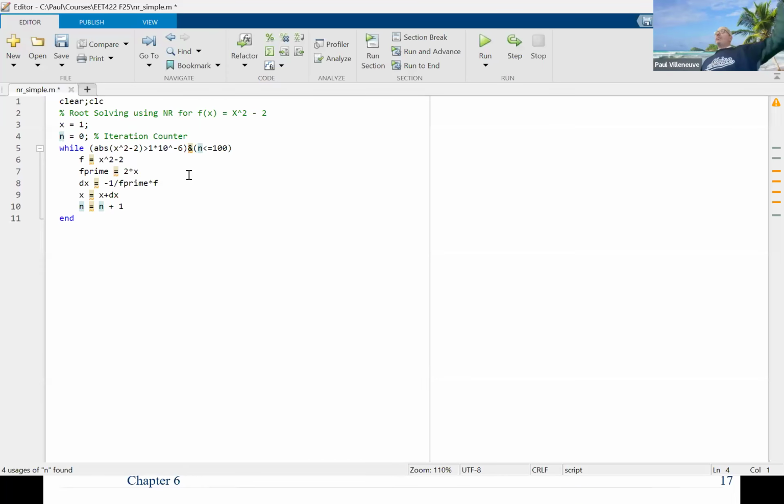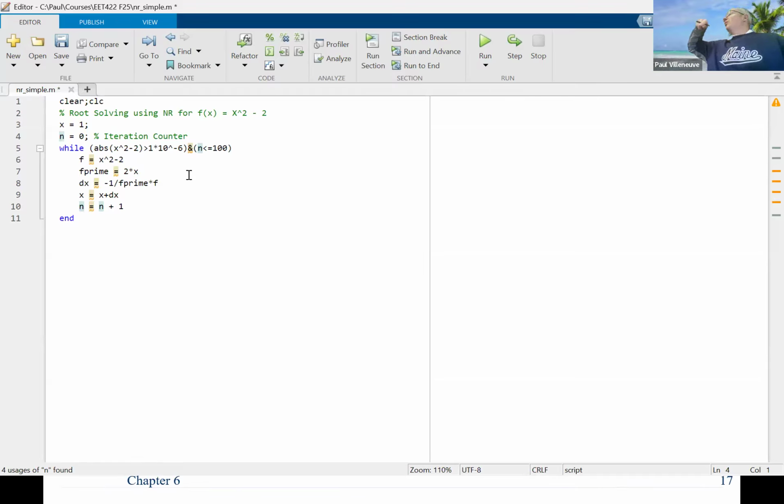So if it's greater than 1 micro, to me, that's not close enough to being 0. So I want to go through and update my value of delta x every time until that's pretty darn close to 0. I also ANDed it, right? So both of those conditions have to be true. N needs to be less than 100, and my f of x has to be less than 1 micro.